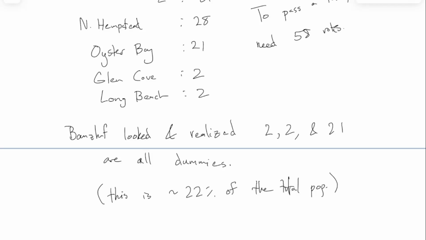And so Banzhaf got upset about this, and he sued the state of New York because he said, my rights as a voter are being taken away from me because, like, even though technically I'm allowed to vote, my vote doesn't actually count for anything because I happen to live in one of these smaller towns.